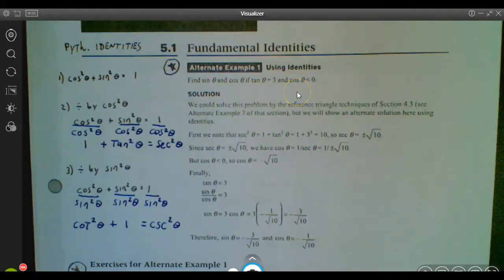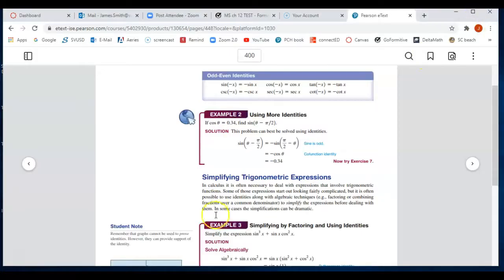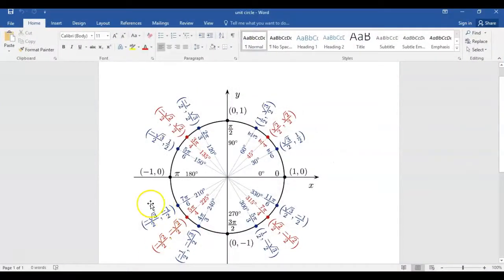Something we worked on last chapter. So down here in this one, you can see that our tangents are positive. If I take any y and divide it by x, I get a positive, so my tangents are positive. And because we're going to the left, I know that my cosine is negative. So quadrant 3 would fit that description.